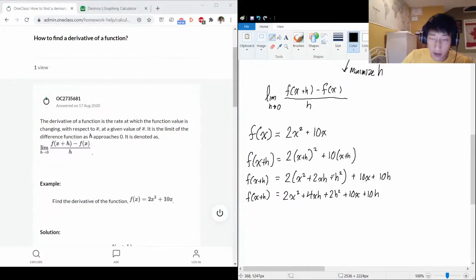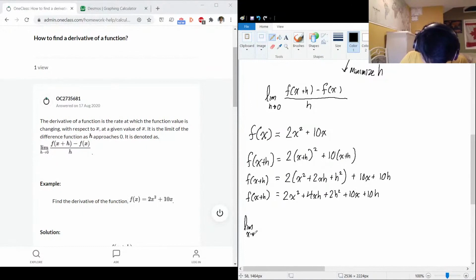Okay, now that looks long, but it should not look scary. So we have our f of x plus h, we have our f of x, and h we're just going to leave as h. So let's sub all of those into the equation and see where that takes us.